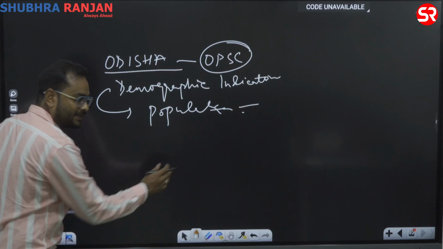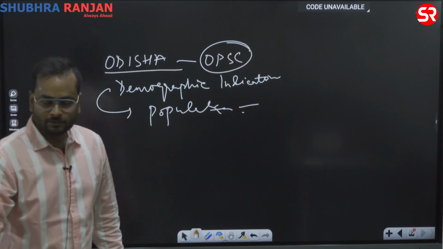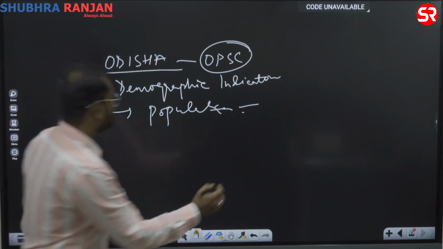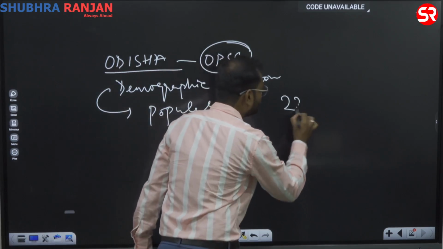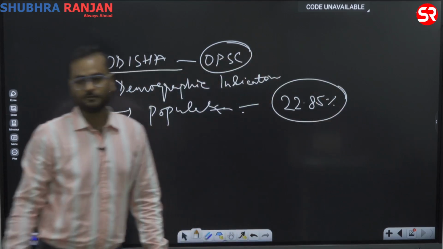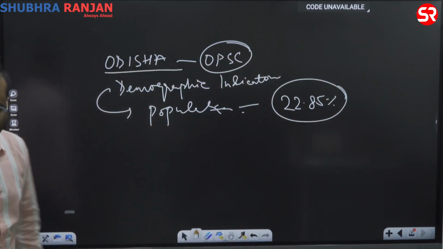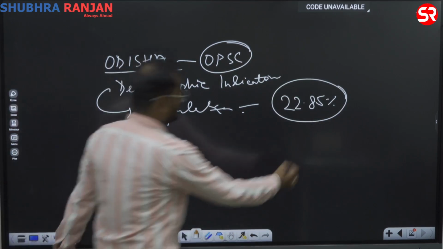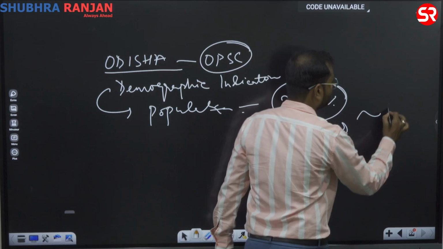You must understand and remember this fact that 22.85% of the total population of Odisha are tribals. Can we say this is close to 1/4?